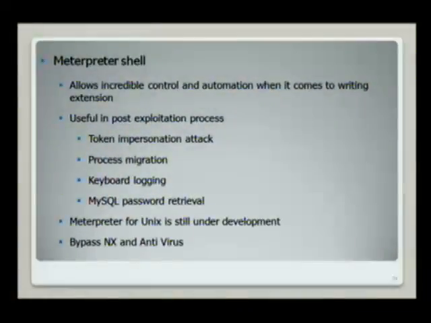And Meterpreter on Unix is still under development, because what I found out is that writing a Meterpreter on Unix is a bit tedious. It's because of the stack randomization that you have on most Unix systems. So basically, it's still under development, and hopefully it will be released one day.